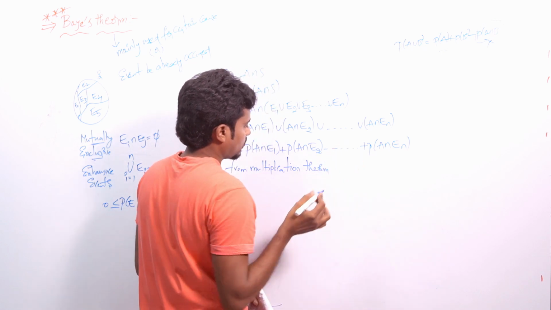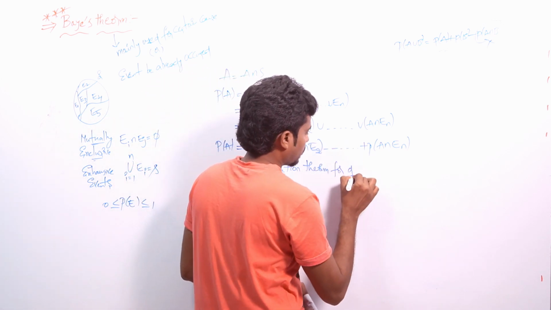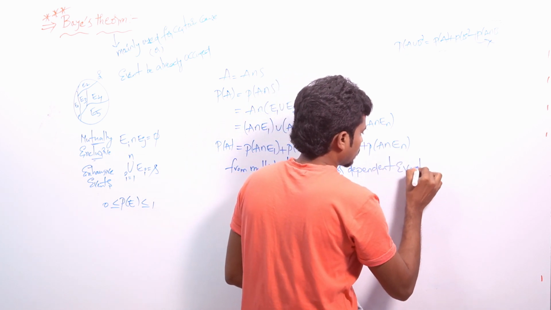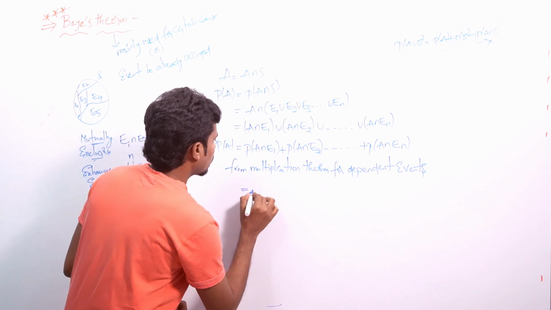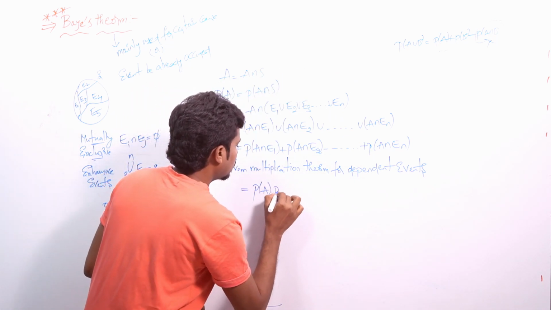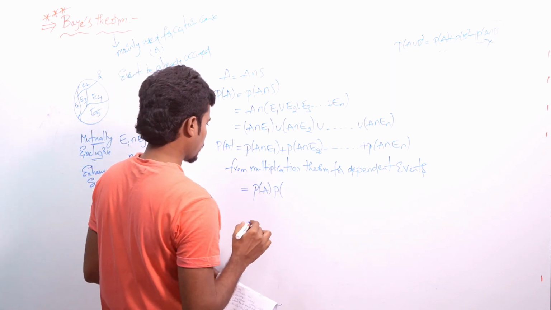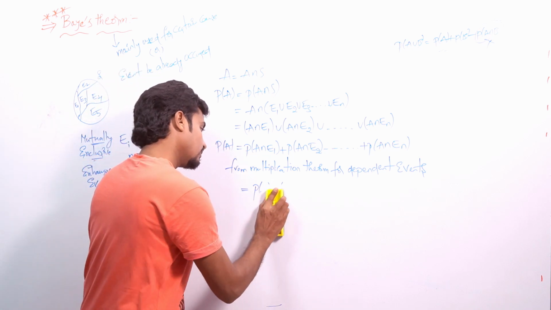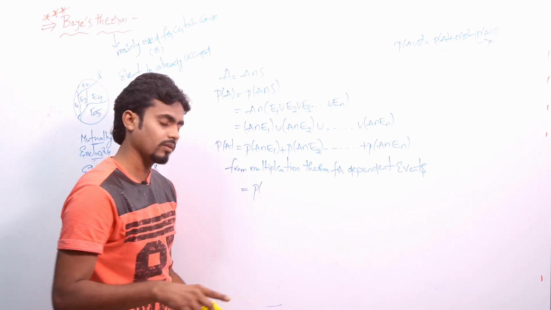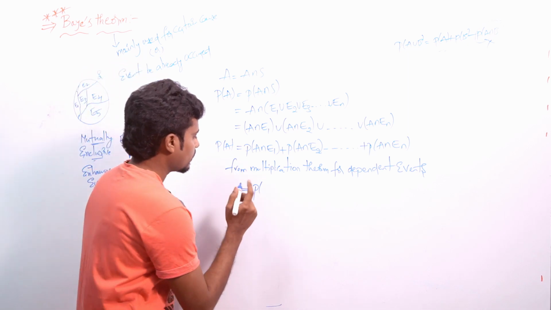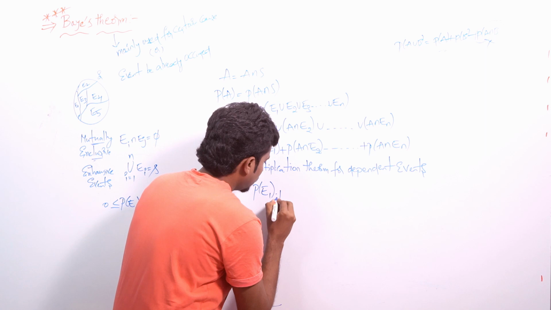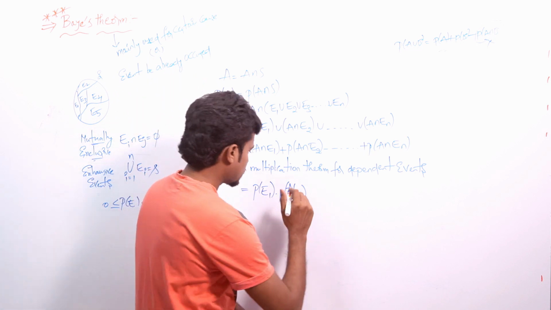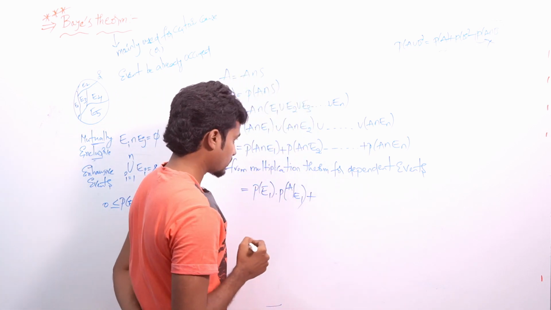That will be P of E1 into P of A divided by E1, plus here P of A intersection E2.